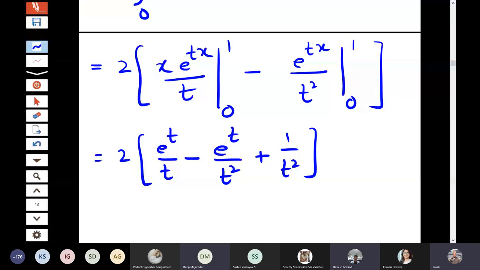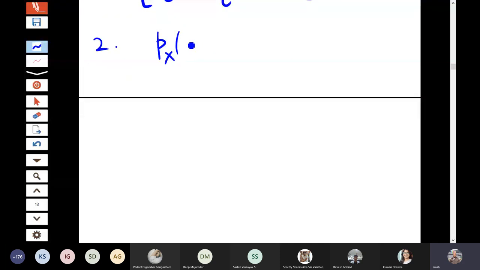Let us take a simpler example, like in a discrete case. Suppose I take this one, p(0) was half and p(1) was half. This was the coin tossing example distribution where x was the number of heads.